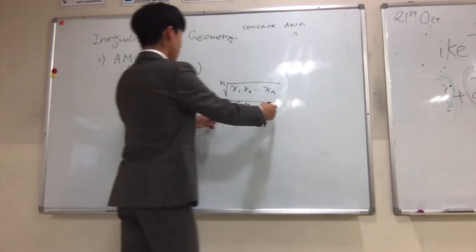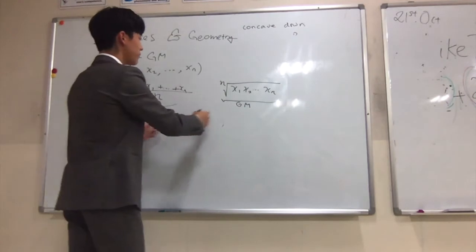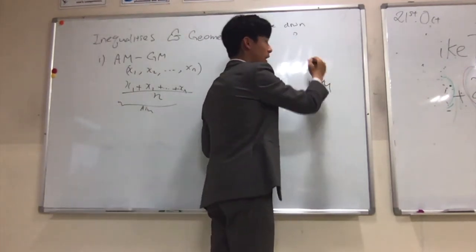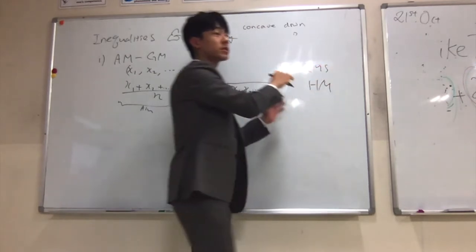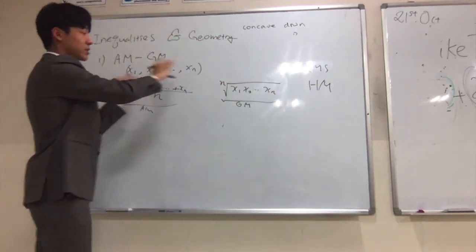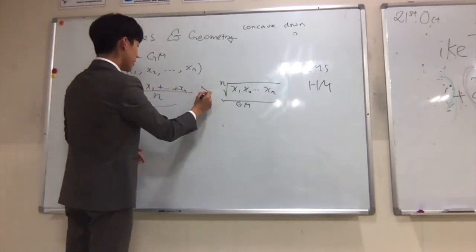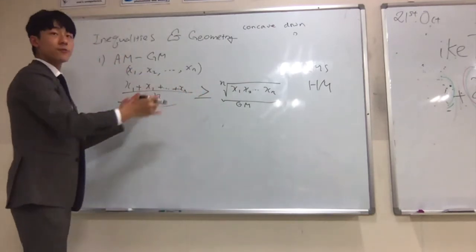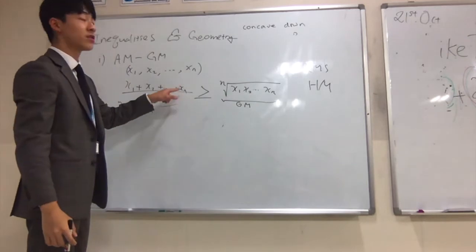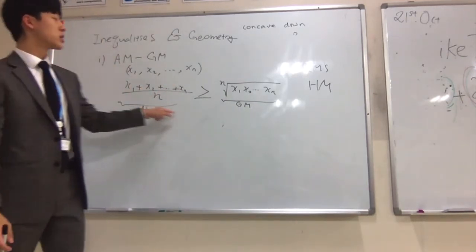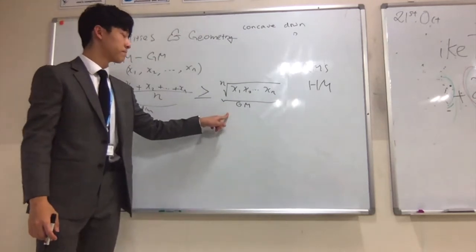And if there are people who are already familiar with this, you can also research the harmonic mean and the root mean squared, which are basically like an extension of the arithmetic mean and the geometric mean. With any data, if n is equal to or greater than 2, so if we have two or more data, the arithmetic mean is always greater than or equal to the geometric mean.